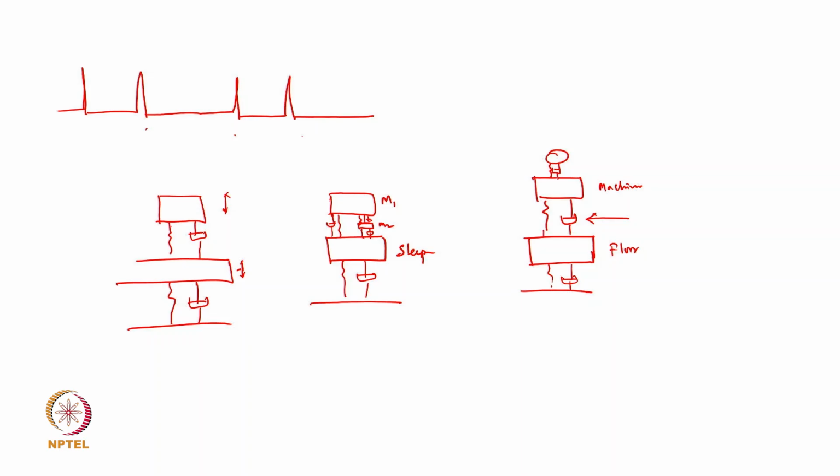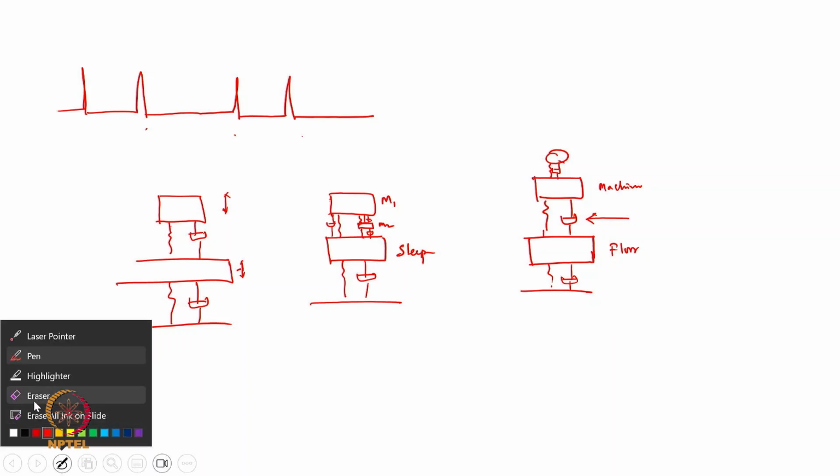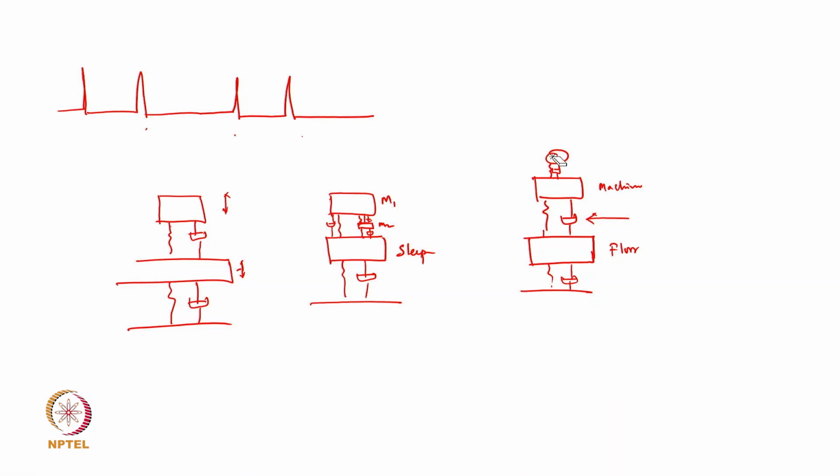Instead of having the oscillation in the main machine, actually sorry, I put it in the wrong place. That should be put here. So that's the tuned mass damper.